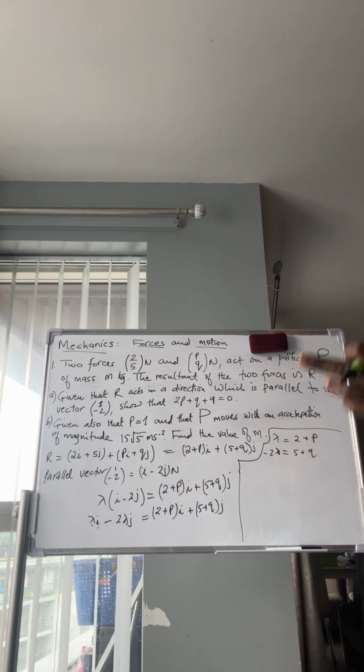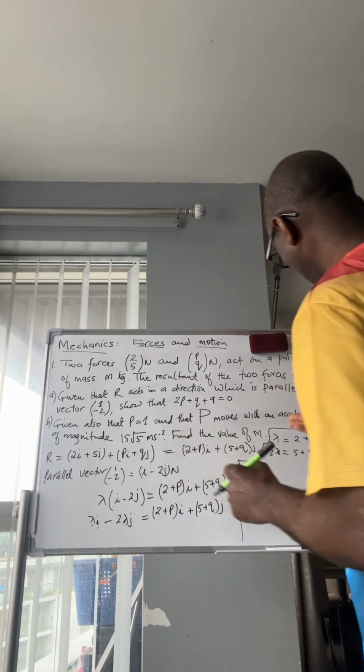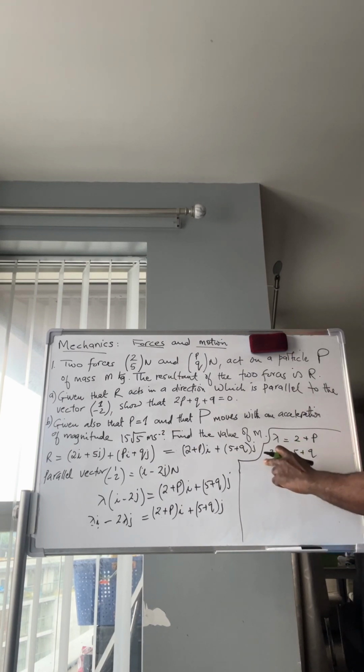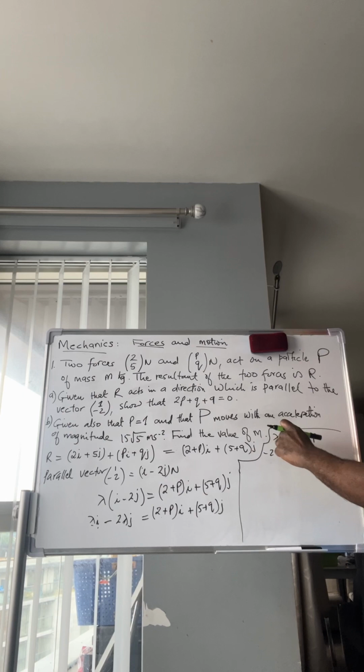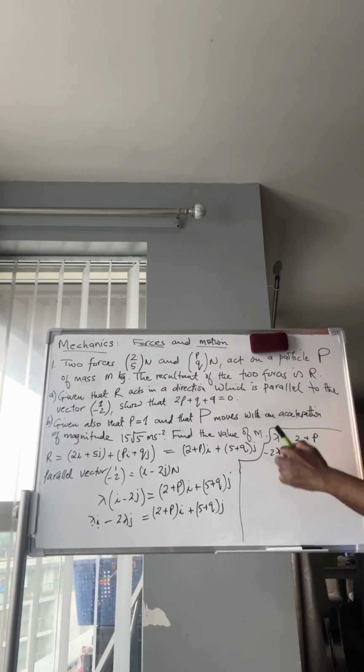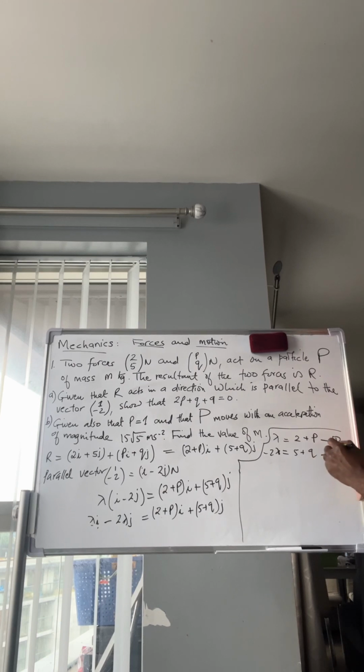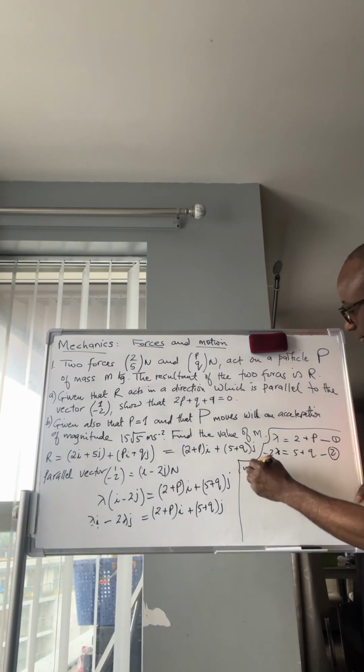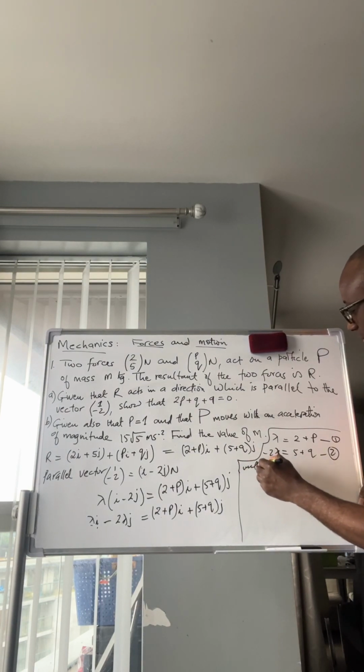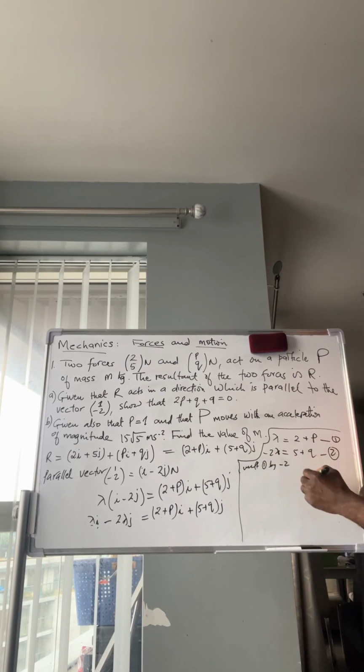I always try to go for the elimination method because from what I can see here, I have minus here, I have plus here, and I have 2 here, there is no 2 here. So I want to multiply the top equation by minus 2. If this is 1, this is 2. Now I'm multiplying 1 by minus 2 throughout.